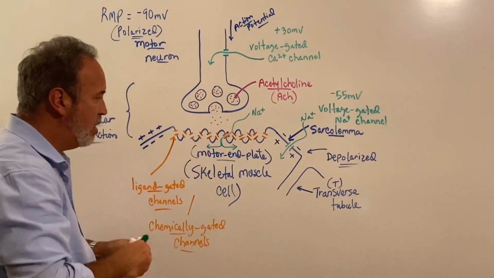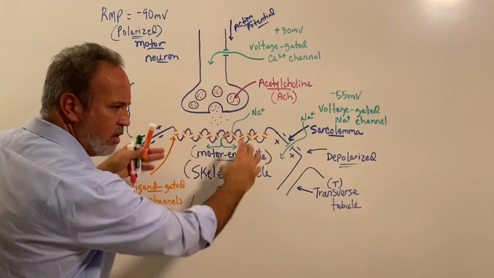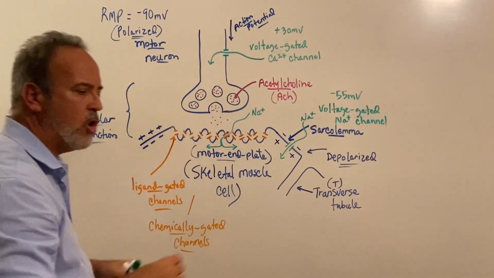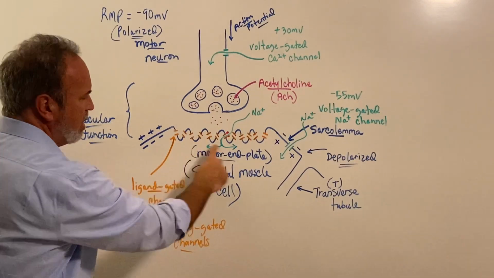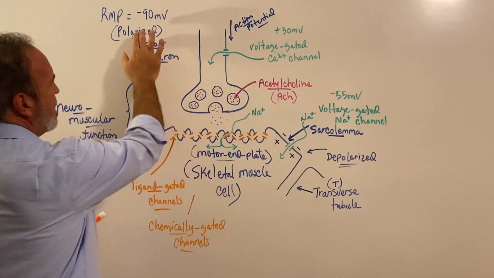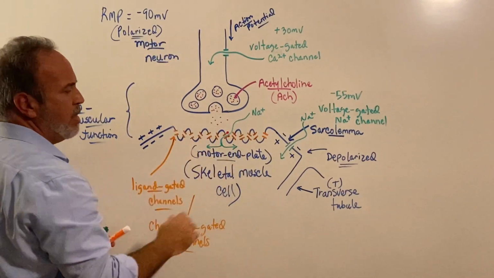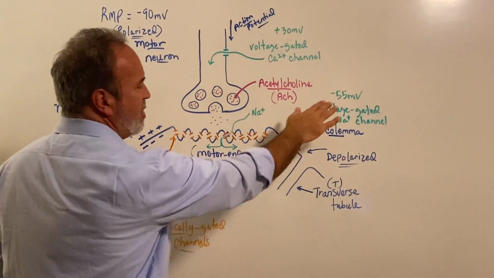An action potential develops. So what we see here is a localized depolarization, or a localized potential, and that localized potential is going to drive the resting membrane potential from negative 90 to negative 55.